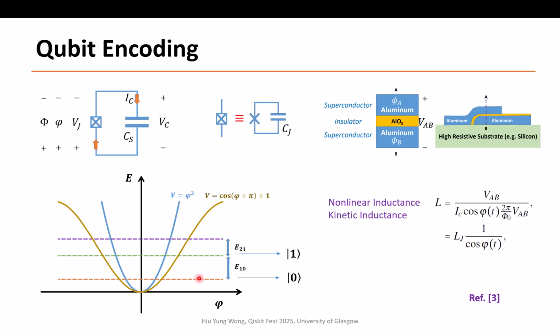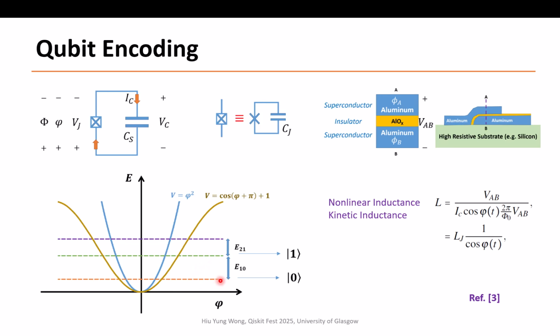As a result, this is going to have unequal energy spacing. This is the main point. Because they have unequal energy spacing at different levels, we will be able to confine the qubit operation to the 0 and 1 states. So this is a simplified picture to show how we encode a superconducting qubit.